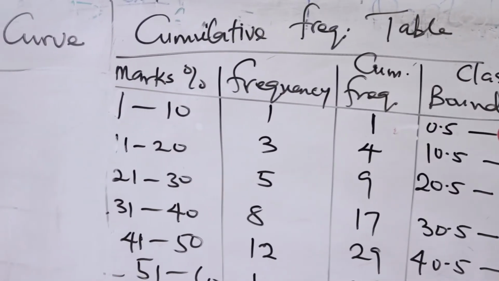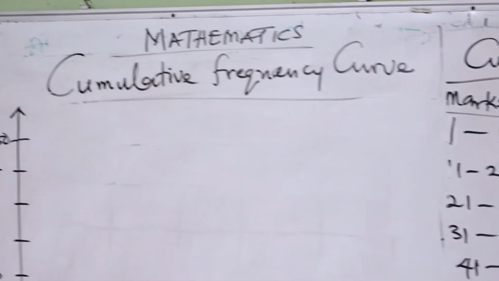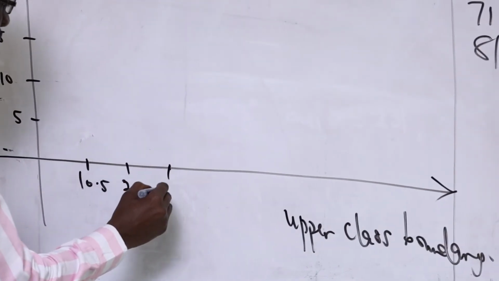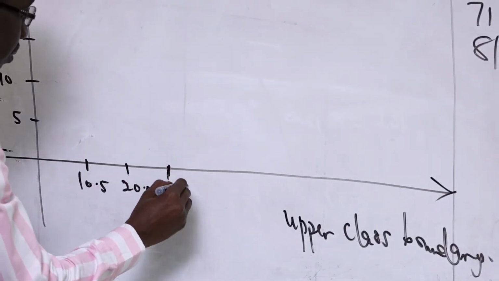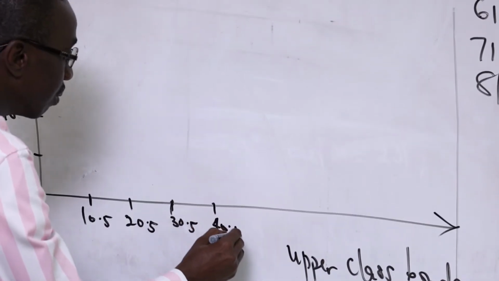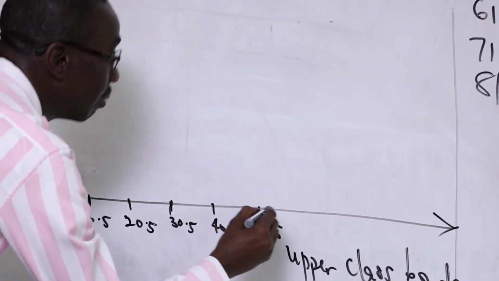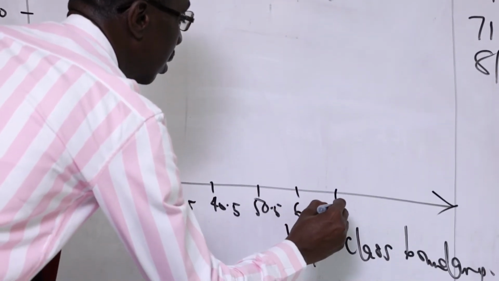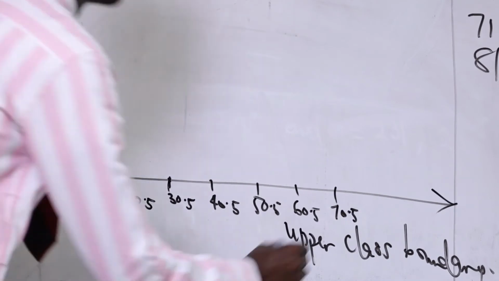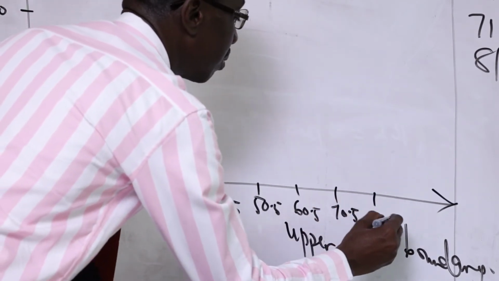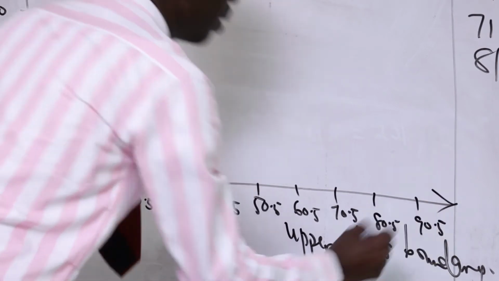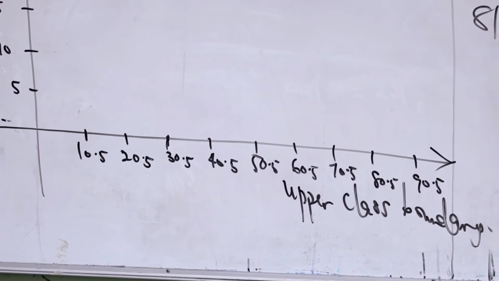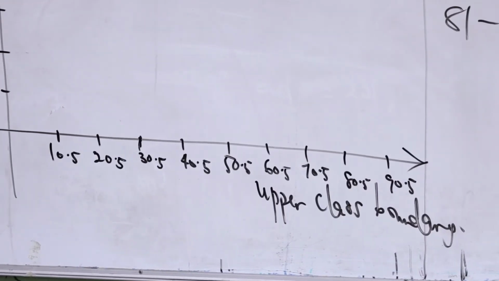And that means my values here will look like this: 10.5 to 20.5 to 30.5, 40.5, 50.5, 60.5, 70.5, 80.5, 90.5. Are we on the same page? Okay, can we take it now?